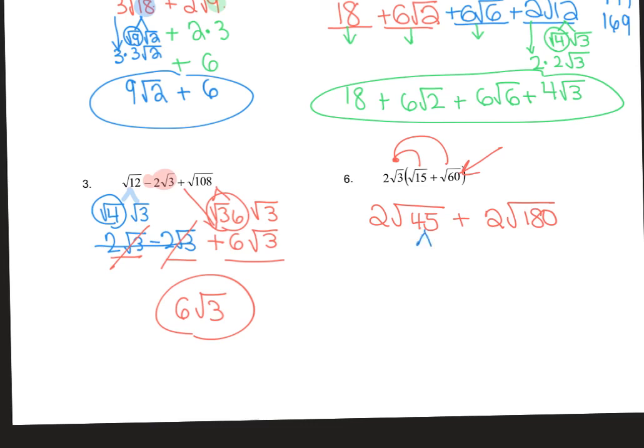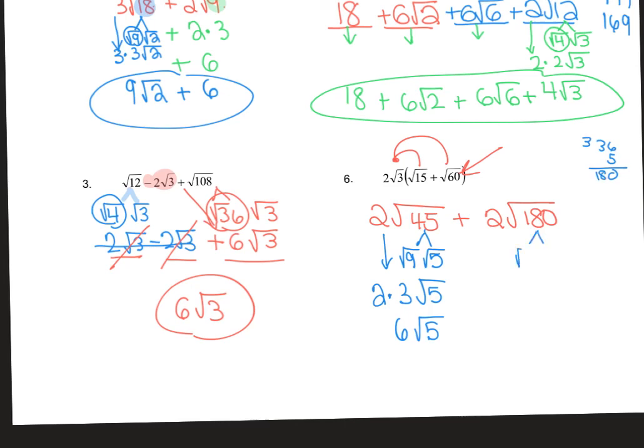So 45 ends up being 9 and 5. We have to drag that 2 down. So it's 2 times 3 root 5, which ends up being 6 root 5. 180 ends up being, I believe, 36 times 5. Yes.